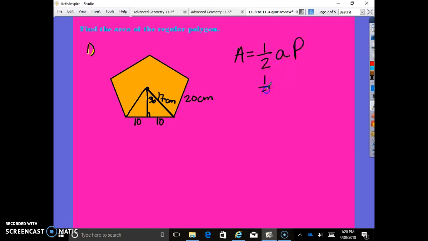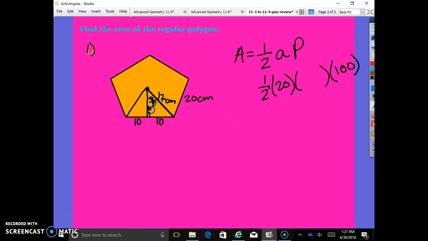So 1/2 base times height. The base of the triangle is 20. The height, or the apothem, we need to find out, and the perimeter is going to be 20 times 5. 20 times 5 is 100. Okay? So we need to know this height.